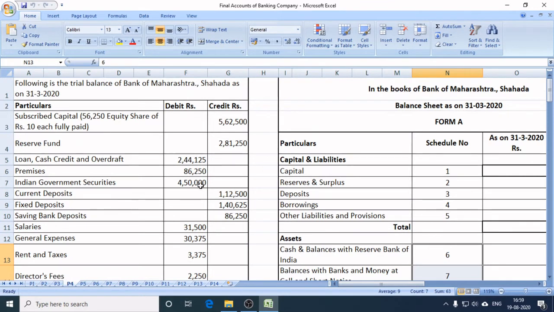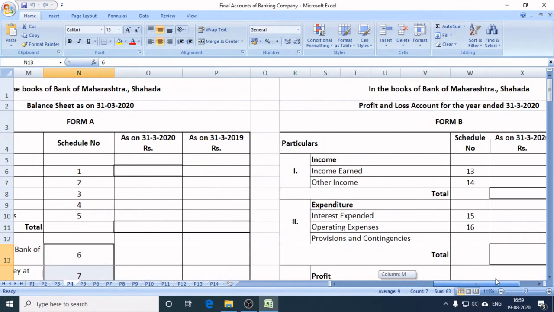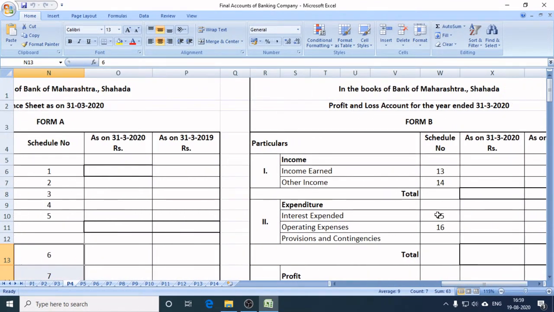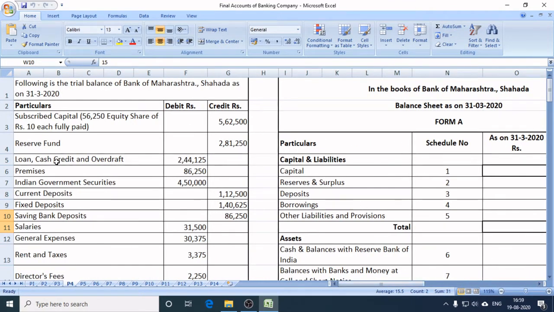And if you think it is an expense, then under the heading expenditure we have 2 schedules. So as per the nature of expense, you have to select the appropriate ledger. And if any ledger has a credit balance, then such a ledger would be either income or liability.